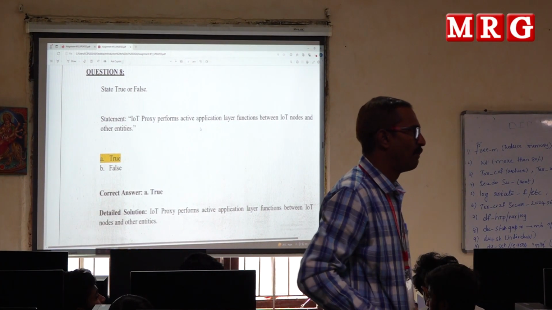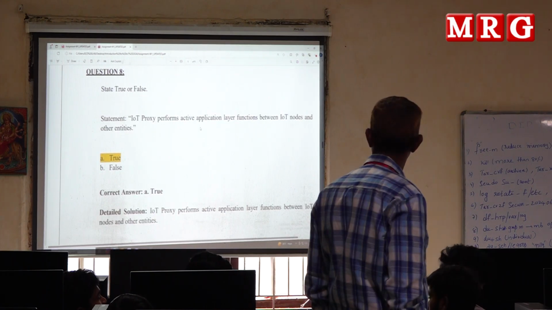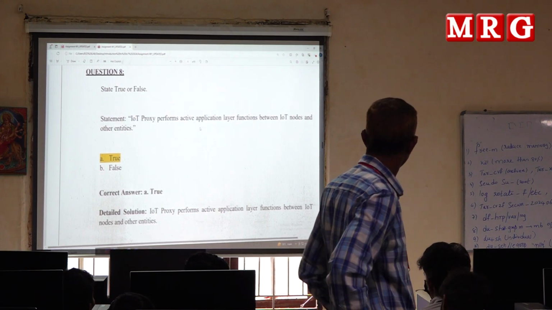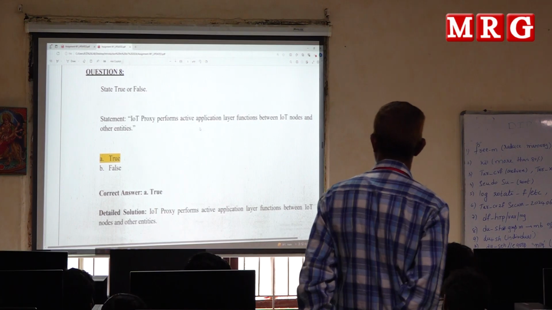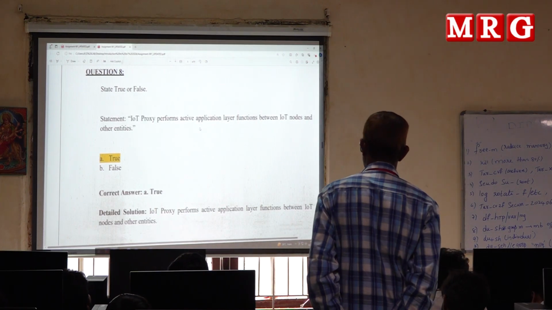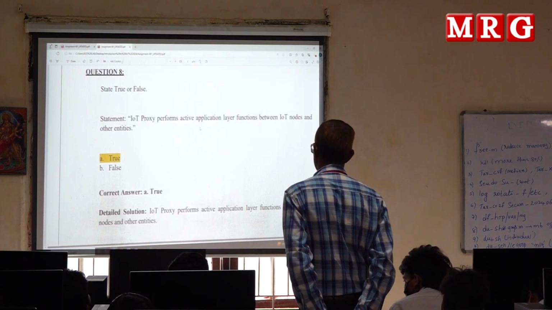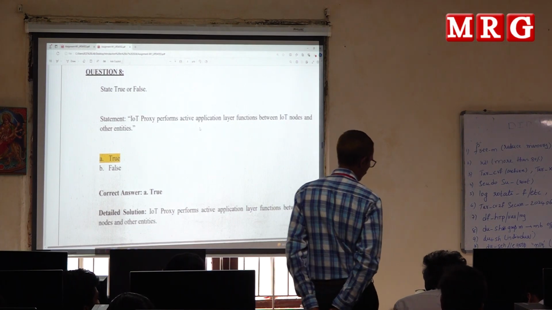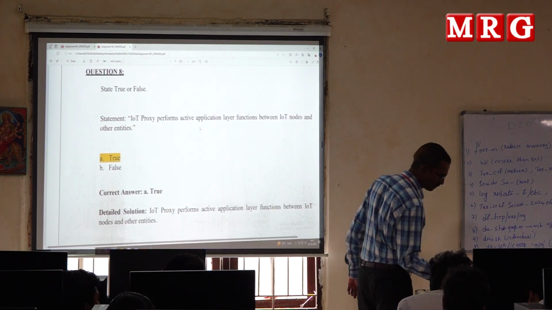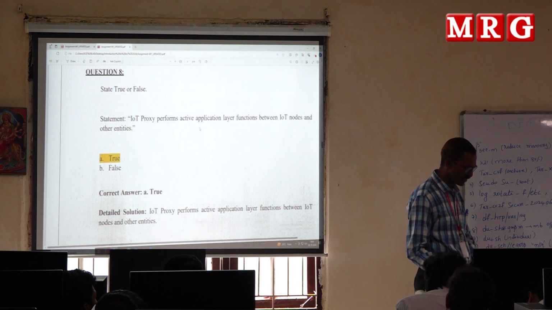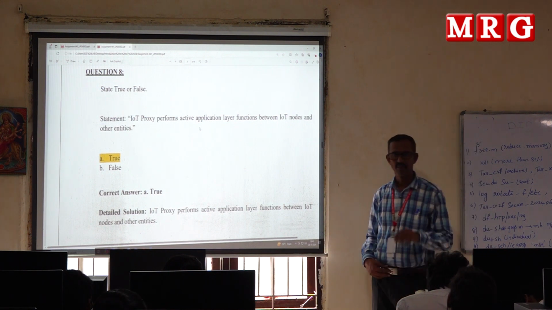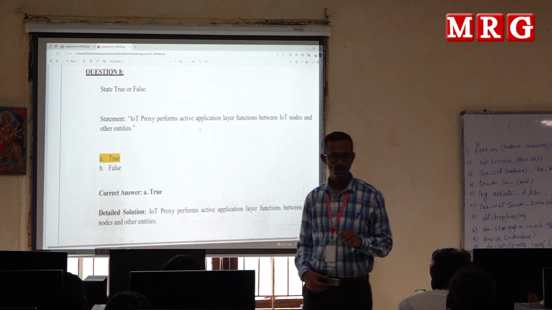What are those layers? Application layer, presentation layer.